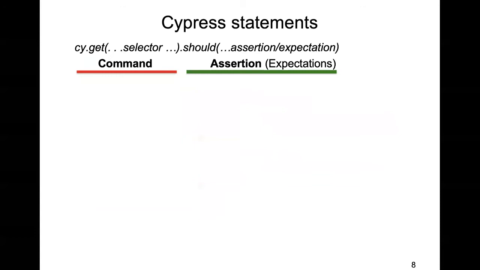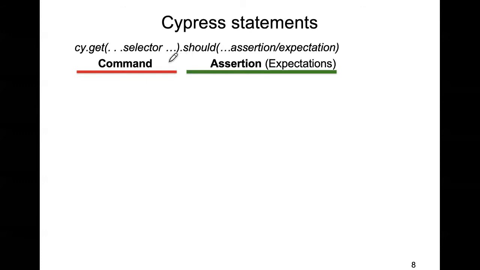So all of these statements that you write in a Cypress test follow this pattern. There's a command part and an assertion part. So we refer to this as the command part followed by the assertion part. Sometimes there won't be an assertion part, there'll only be a command, and you saw that on the previous slide.